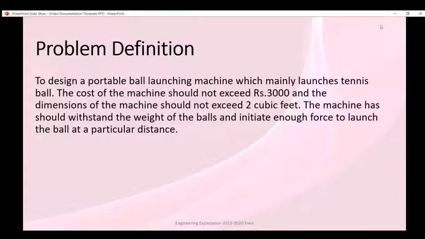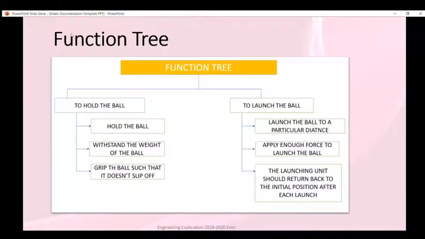The machine should be built in such a manner that it should initiate enough force to launch the ball to a particular distance. After knowing the required specifications, functions, objectives and constraints of the machine, we segregated the points and separated them into several functions. The two main functions which will be performed by our design will be to hold the ball and to launch the ball.